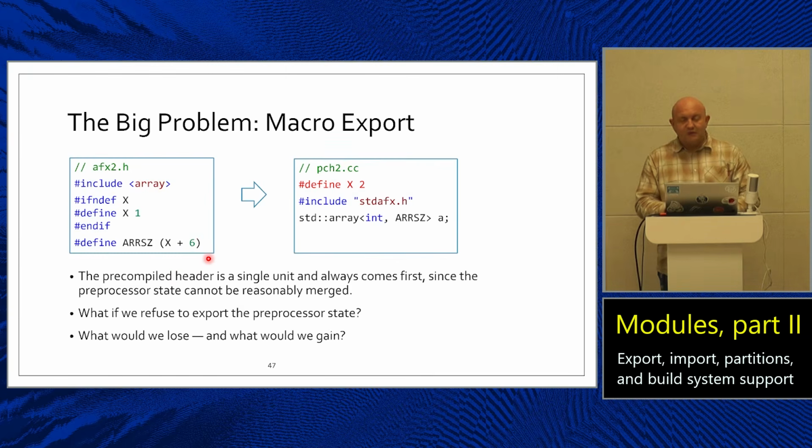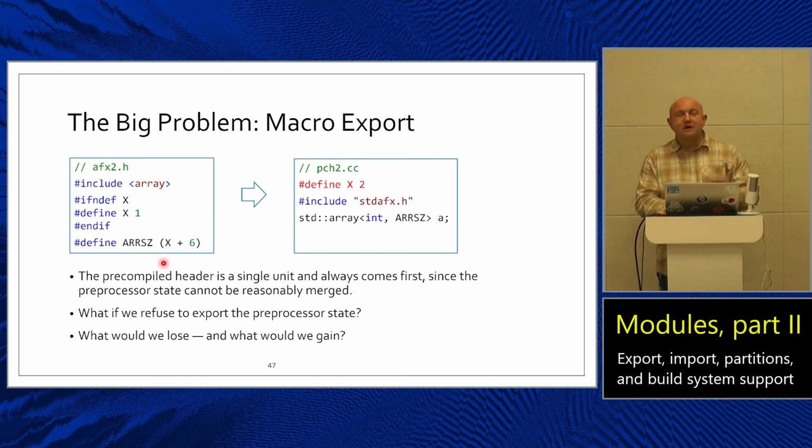And now, when we bring precompiled headers into the picture, things get even stranger. Here, in our precompiled header, we define x to be 1, and here we define x to be 2. So what's the size of the array, 7 or 8?